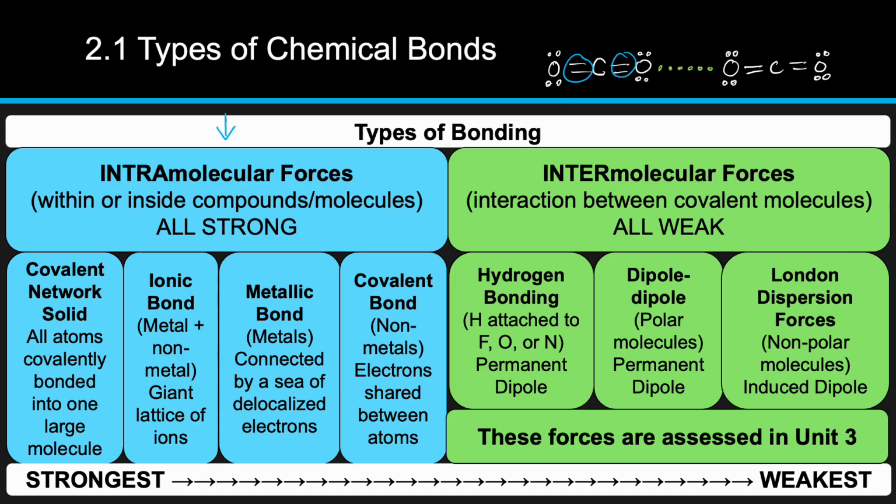Then we have an ionic bond, also a very strong intramolecular force. That is when you have a metal and a non-metal, cation and anion, that are attracted through electrostatic forces. Then we have metallic bonding, that is between different metals, and they are connected by a sea of delocalized electrons. And then the weakest of the intramolecular forces is going to be a covalent bond, that is between nonmetals, and that is when the electrons are shared between the atoms.